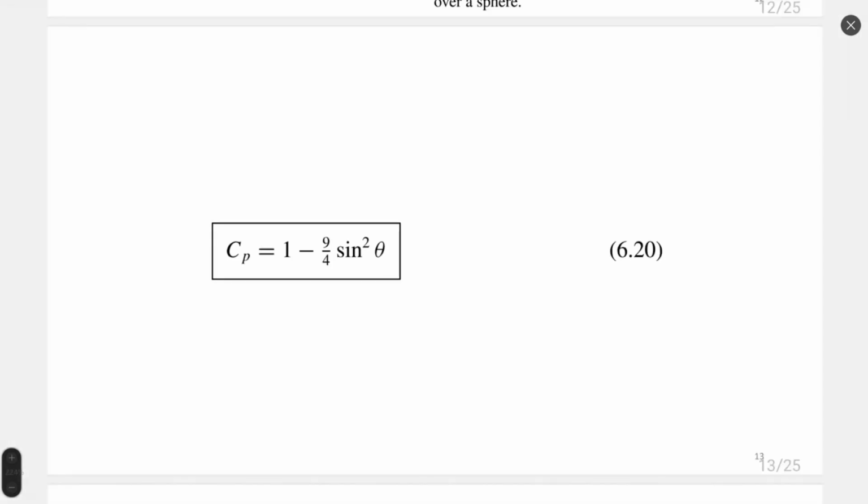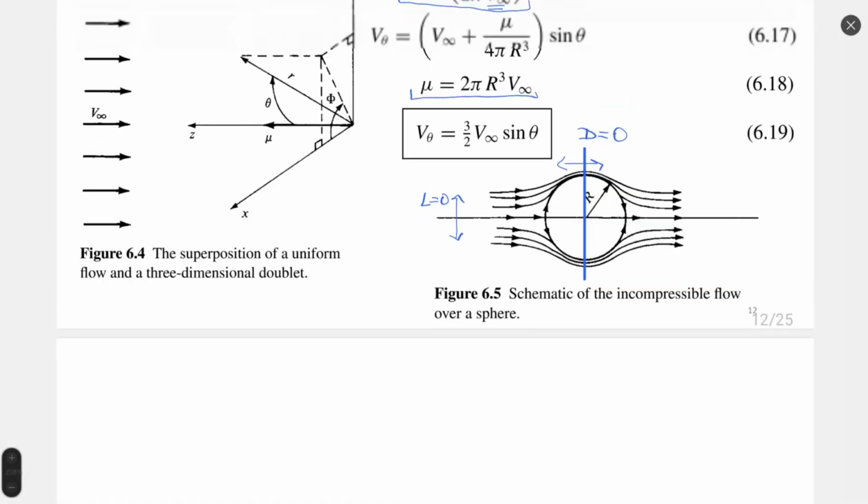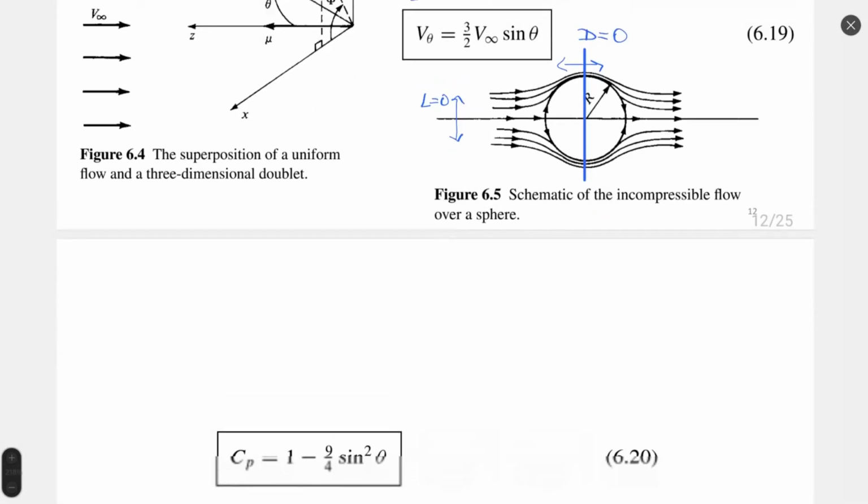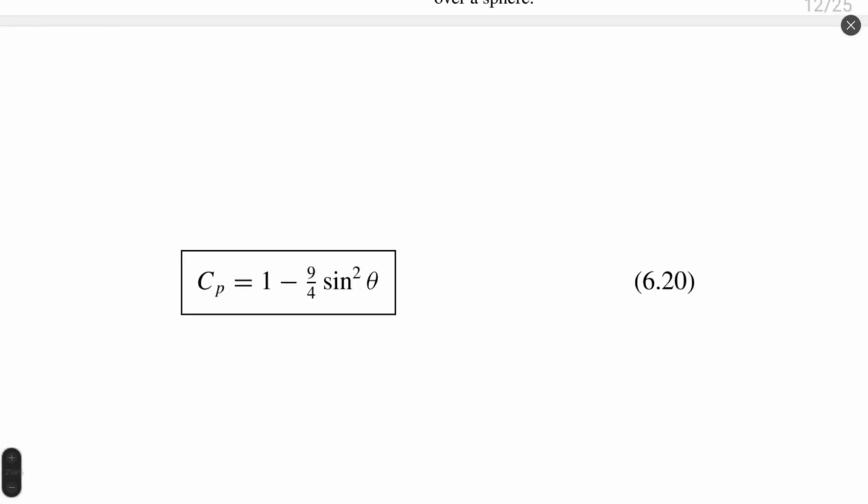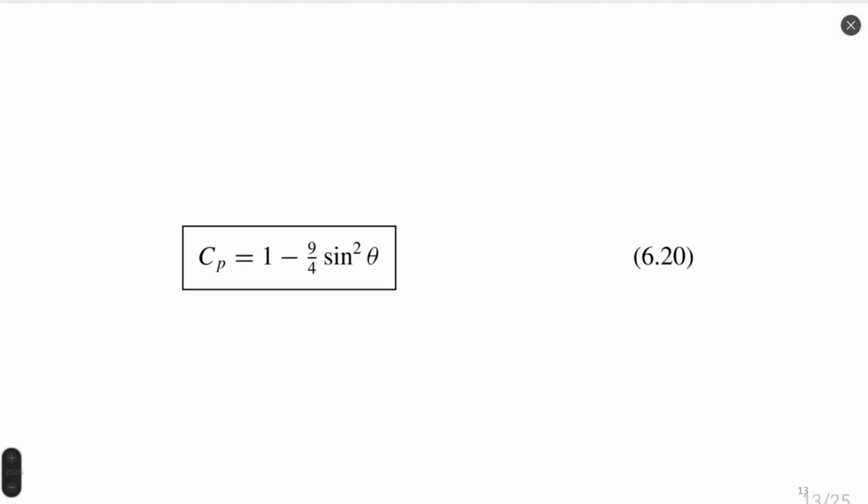Since we defined analytically the velocity, here equation 19 showed us the velocity on the surface of the sphere, this analytical solution. We can obtain analytically the pressure coefficient from velocity.